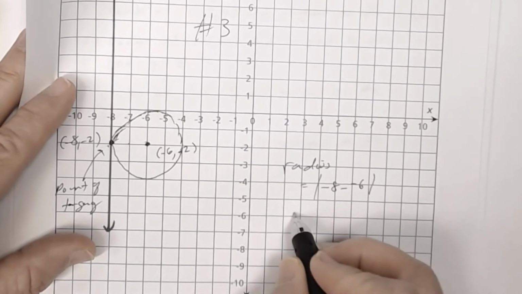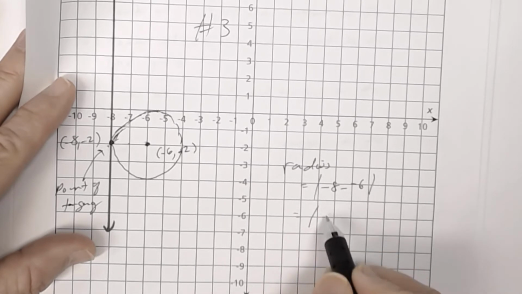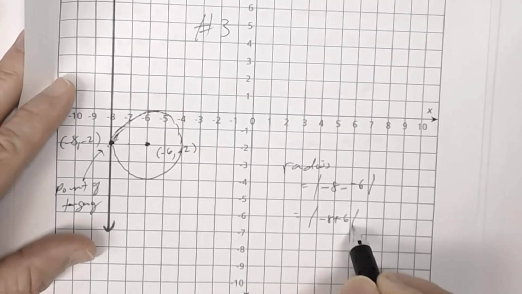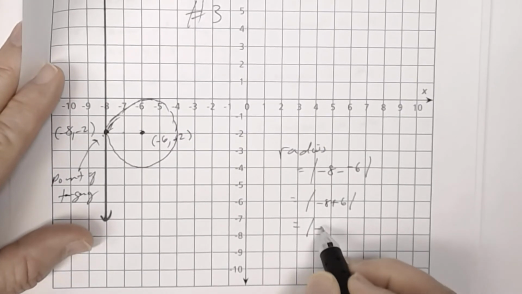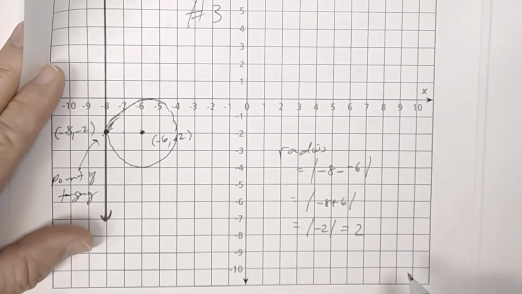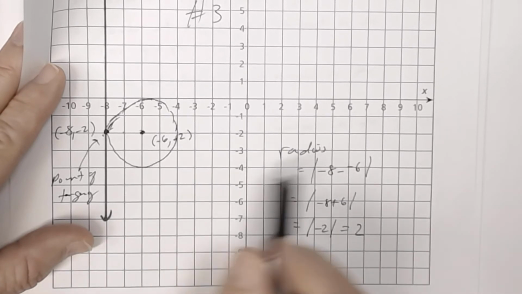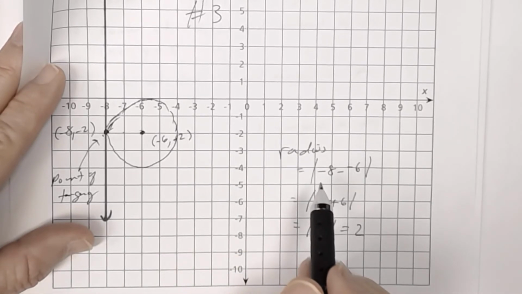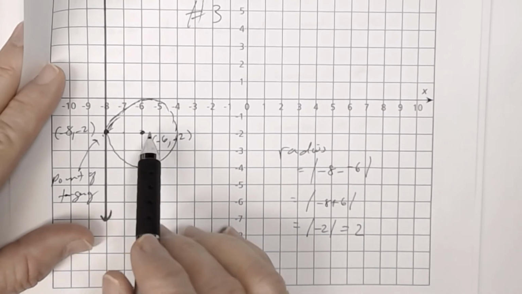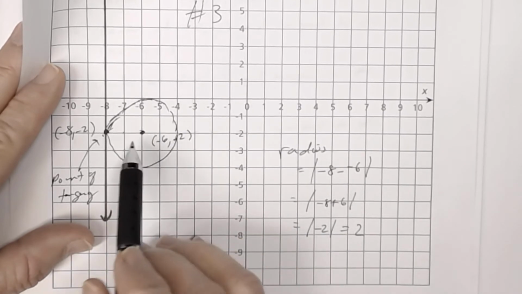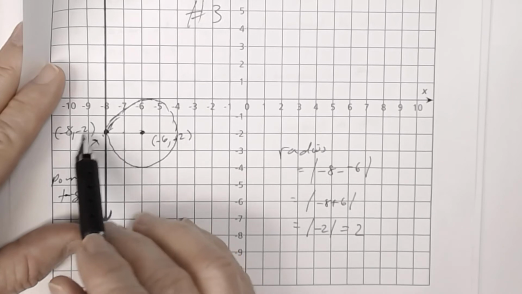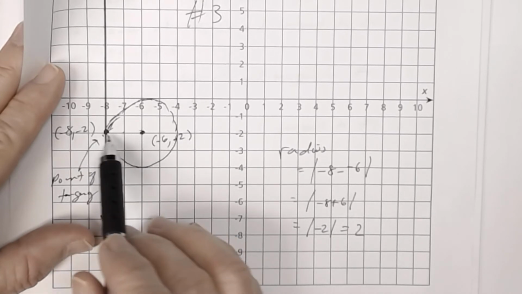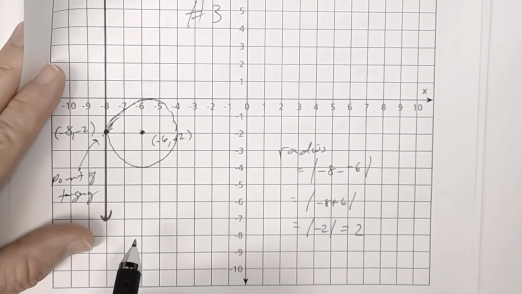When I do that, I get negative 8 plus 6, which becomes the absolute value of negative 2, which becomes 2. So that's another way you could have done that, just subtracting either the x-coordinates or the y-coordinates, whether it's horizontal or vertical. But these are nice numbers, integers, so you can easily count off the number of units.